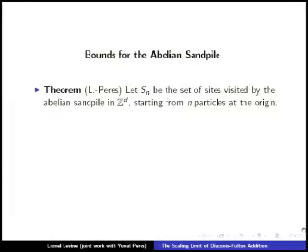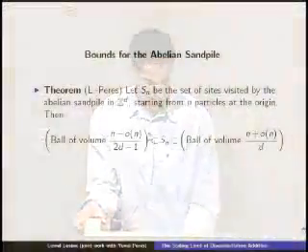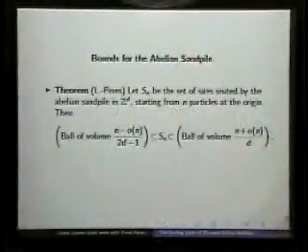So let Sn be the set of sites that are visited by the Abelian sandpile if we start with n particles at the origin. Then we can also squeeze this set between two balls. But the ratio of the radii of these balls is not going to tend to 1. Because, well, it's not known, but probably the limiting shape isn't a ball.